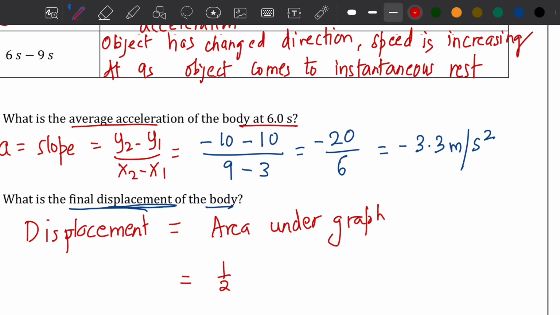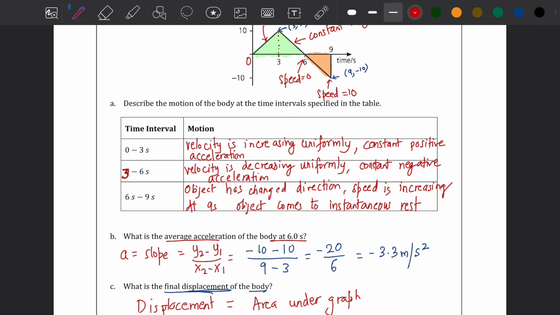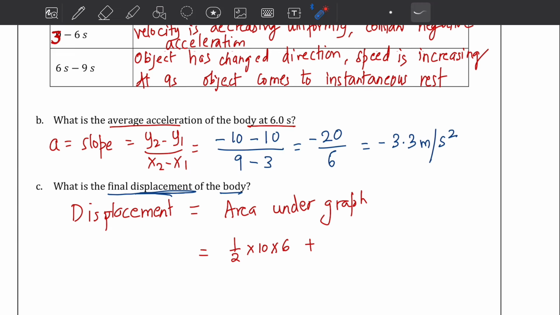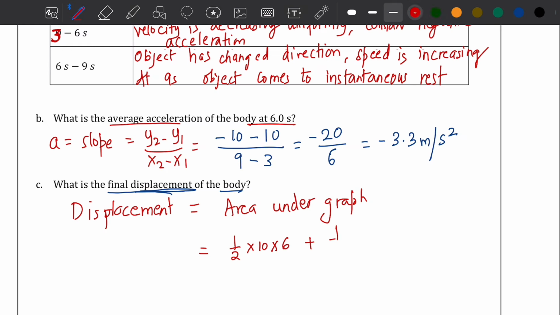So we can write half times 10 times 6 plus the second triangle, whose base will be 9 minus 6. So if I label the base, it will be equal to 9 minus 6, which is equal to 3. And the height is negative 10. And because we are calculating displacement, we will keep it as negative. So half times 3 times negative 10. We can calculate this: 30 minus 15, which is going to give us 15 meter.